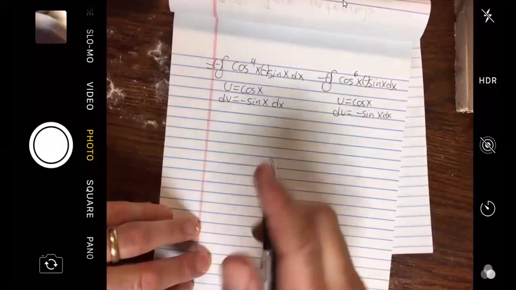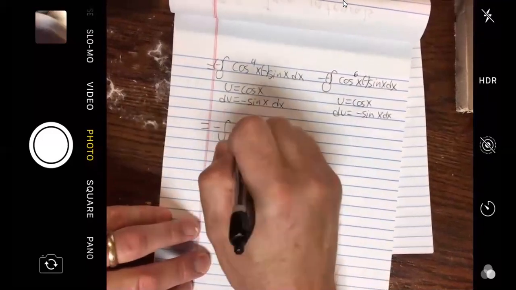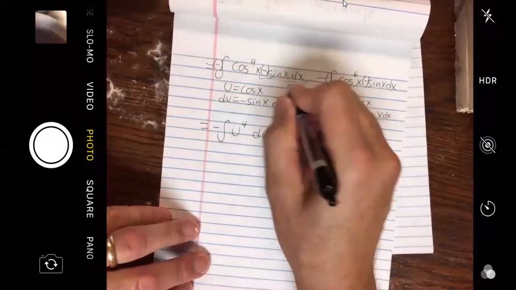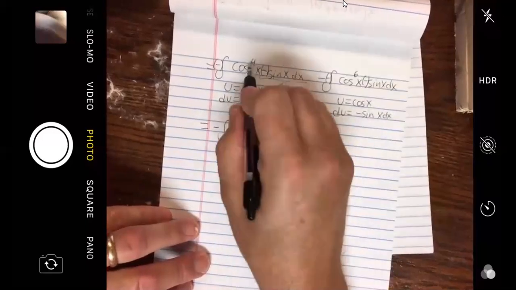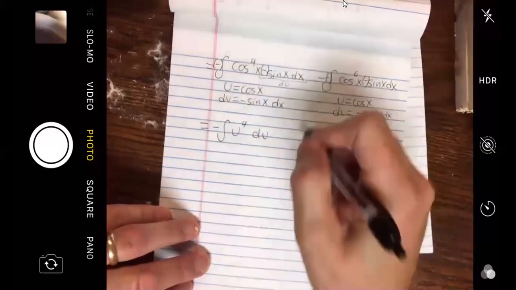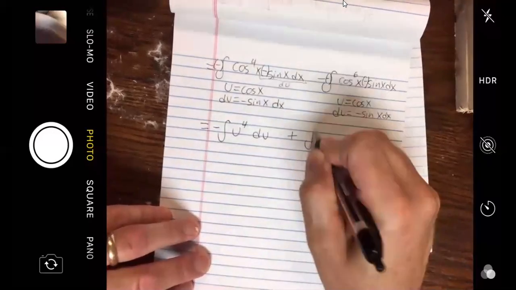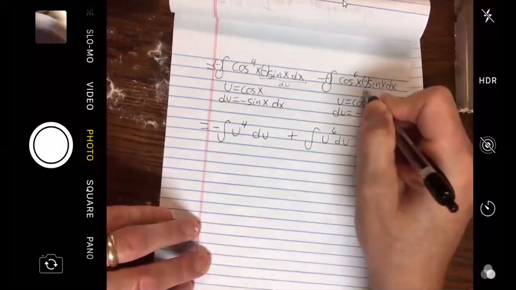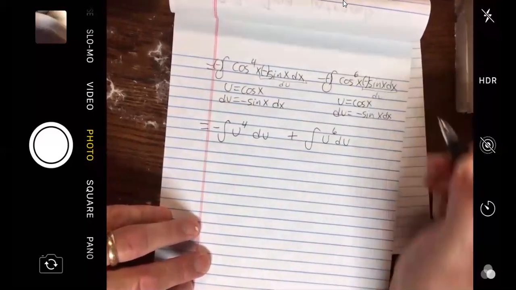When I sub in, I get a negative, an integral of u to the 4th du. See, all of this is my du. And I get a u to the 4th. Here I get a plus, integral of u to the 6th du. All of that is du.